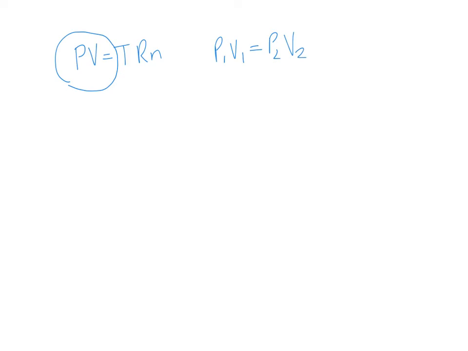If I have a volume at a certain temperature, I change the temperature and want to know the other volume, I know that I need my formula to only include volume and temperature. So if I take pressure, move it to the other side, that means it now divides. And I move my temperature to the other side, so now it divides.